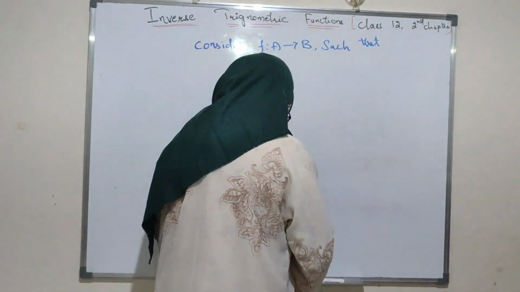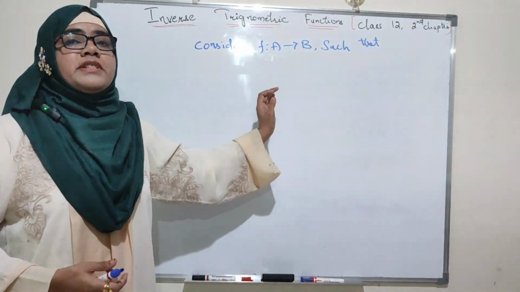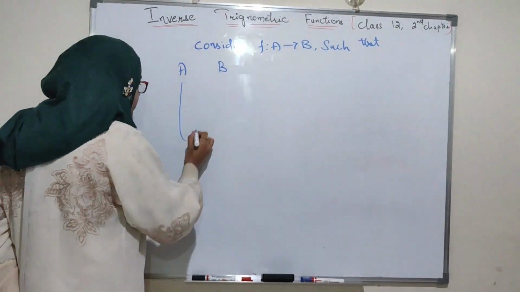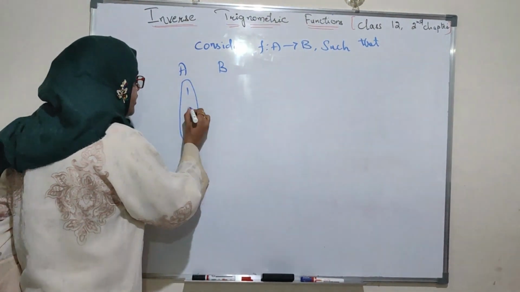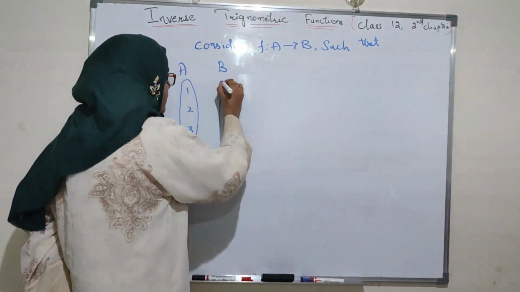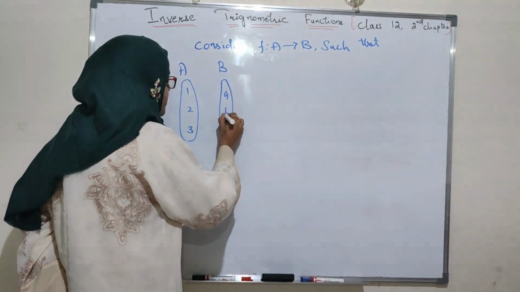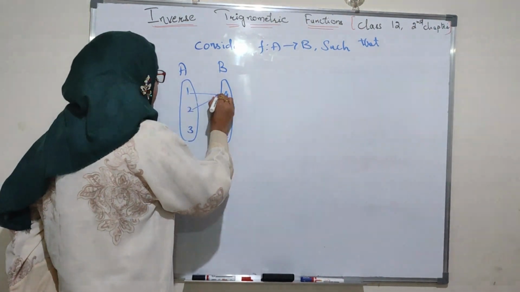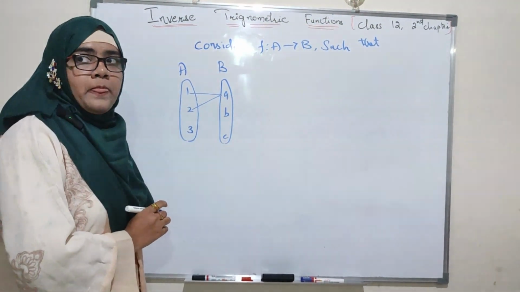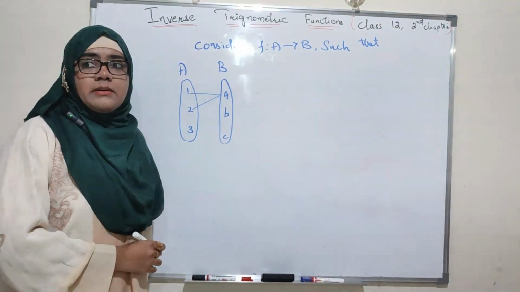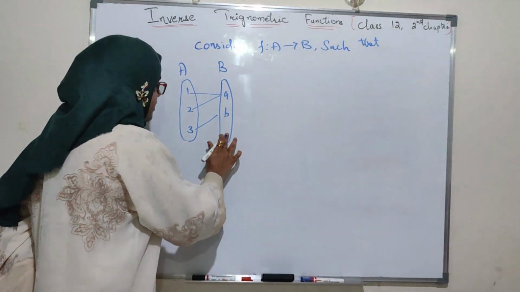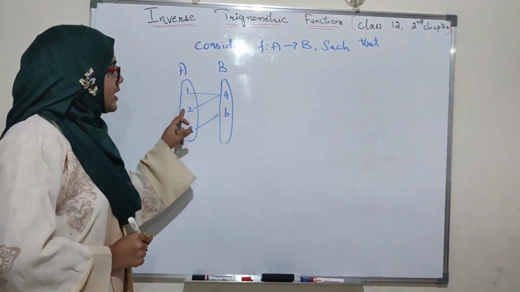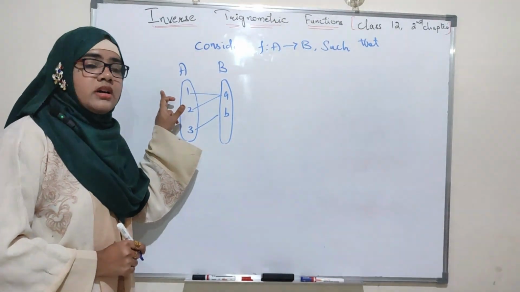Now, consider a function f which is defined from A to B. Here, A and B. Set A has 1, 2, 3, and set B has A, B and C. 1 and 2 are connected to element A, and 3 is connected to B. So here we can say two elements have the same image, so it will form a many-one function.